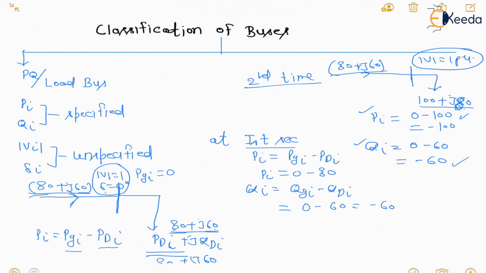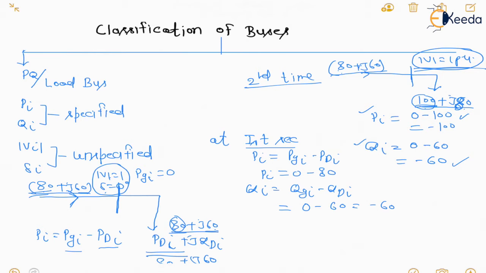In another way, we can say that V equal to 1 pu has to be calculated, so it is an unspecified value. In the same way, we can say the same for delta, because initially the active power load was 80 and the active power supplied from the source was 80, but after changing the load, it became 100 and the supply is still 80, so 20 is still needed.